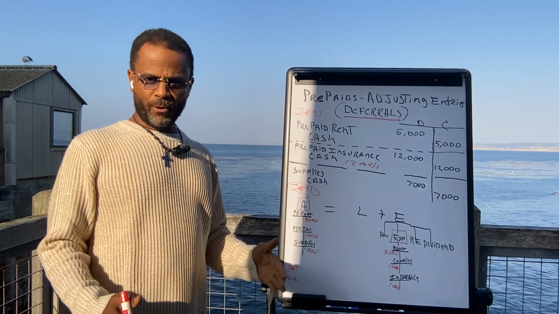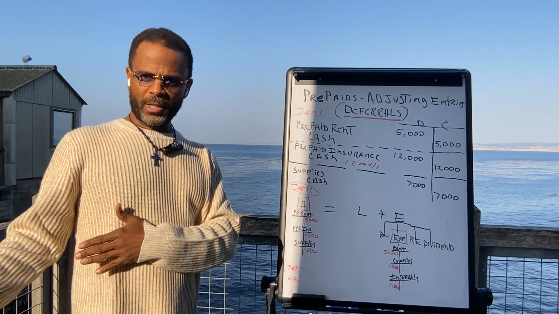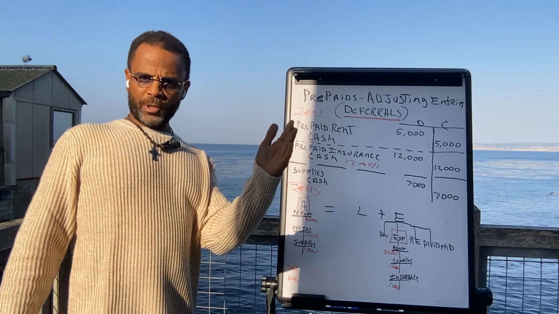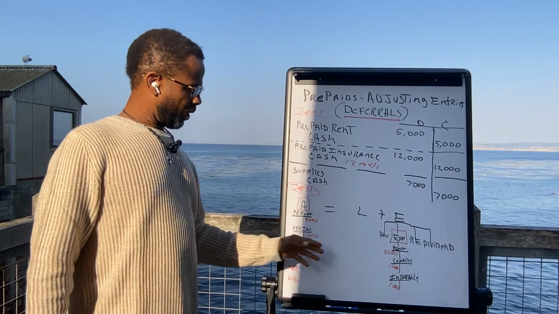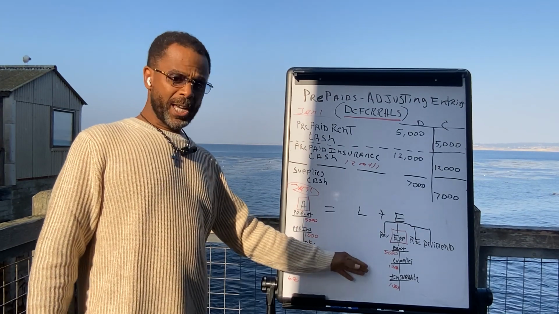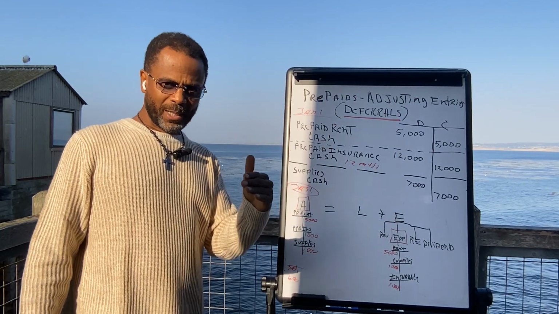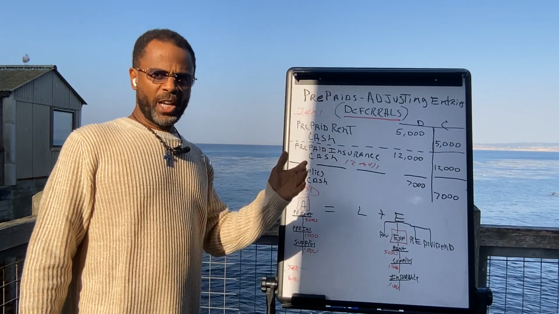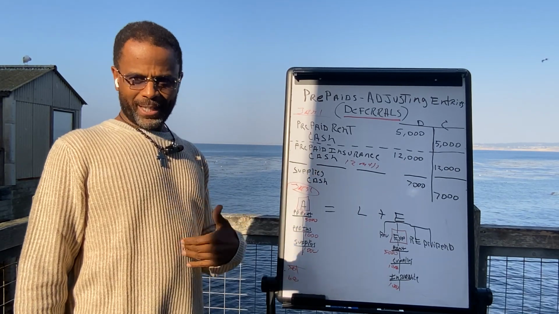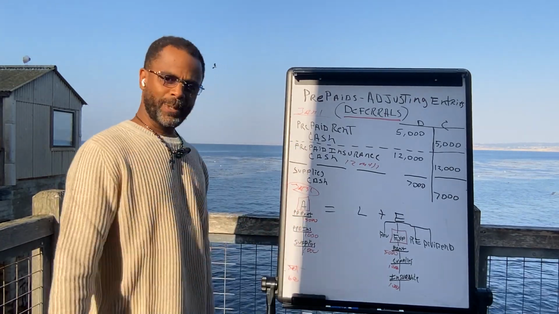So on your test, you're going to have questions like, prior to adjusting entries for a deferral type of transaction, which is like prepaids, if they weren't booked, are assets overstated? Of course they were. Are expenses overstated? No, they're understated. But your net income would have been higher, which means it would have been overstated, because revenue minus expenses is net income. So your net income would have been too much because it didn't reflect an expense to bring it down. But now we booked the expenses.